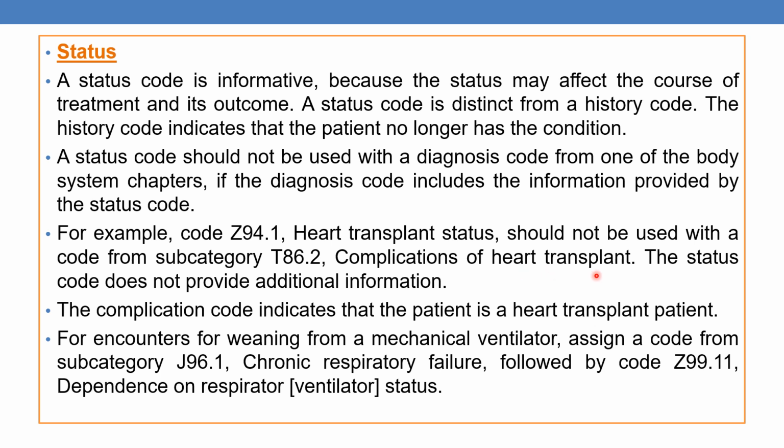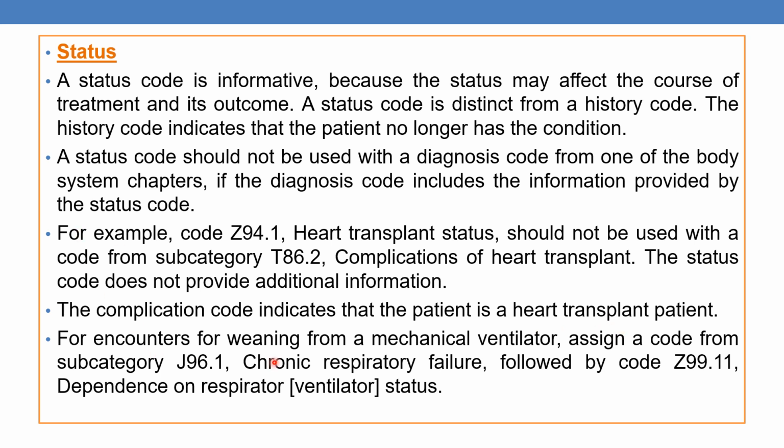So additionally, you do not code a heart transplant status code, Z94.1. You should not code Z94.1 along with T86.2, because here the status code does not provide any additional information that is not included in the code itself. The complication code indicates that the patient is a heart transplant patient.